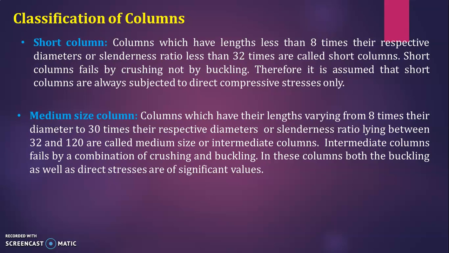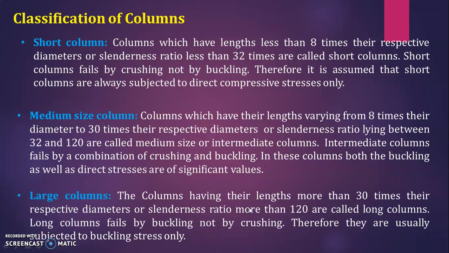Intermediate columns fail by a combination of crushing and buckling. You can see the difference. The short columns fail only by crushing, but medium size columns fail by the combination of crushing and buckling. In these columns, both the buckling as well as direct stresses are of significant values.